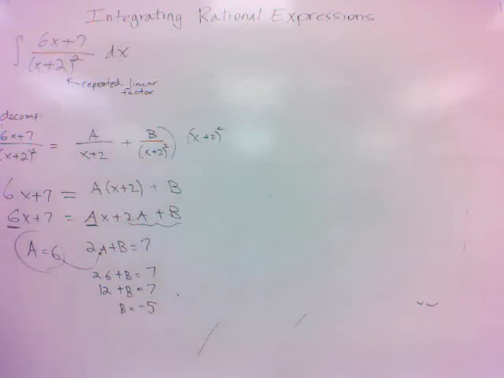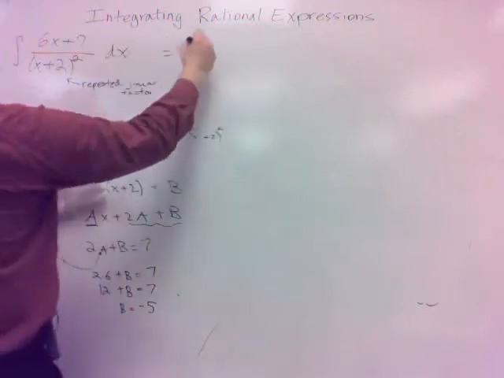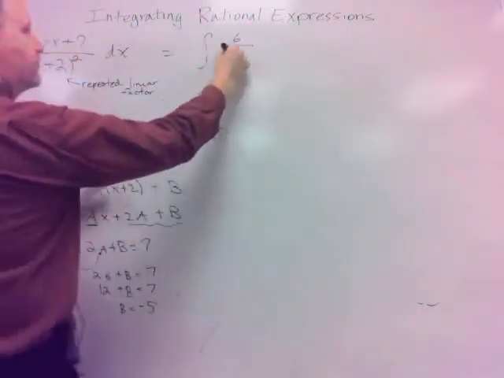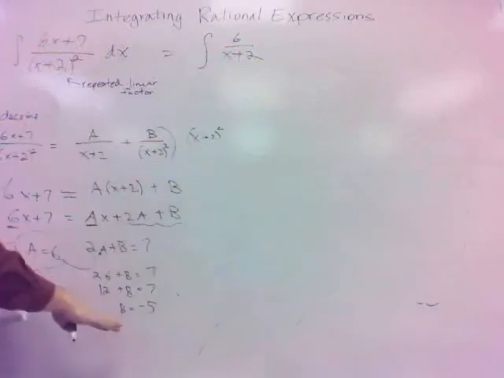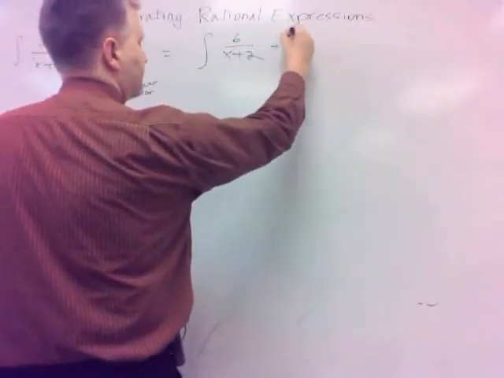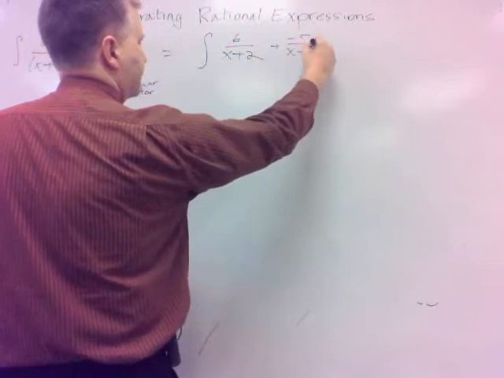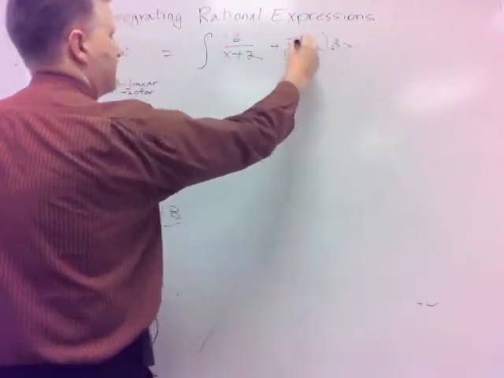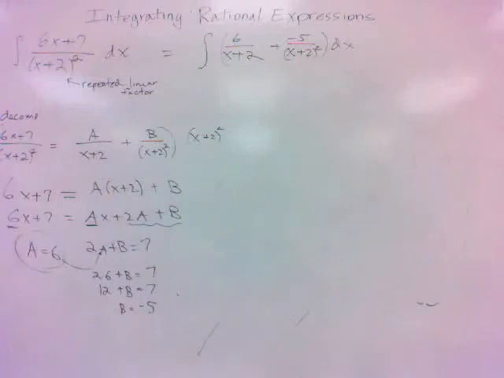So there's my decomposition. 6x plus 7 over x plus 2 squared is going to go to 6 over x plus 2 plus negative 5 over x plus 2 squared. And that's where you could write the minus if you wanted to. Minus 5 over x plus 2 squared. Okay? So far?